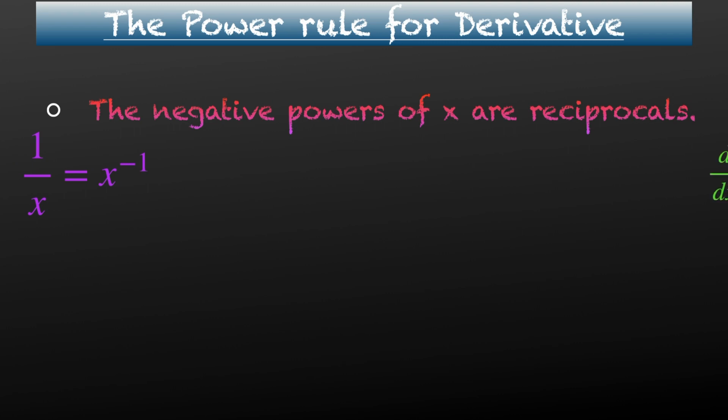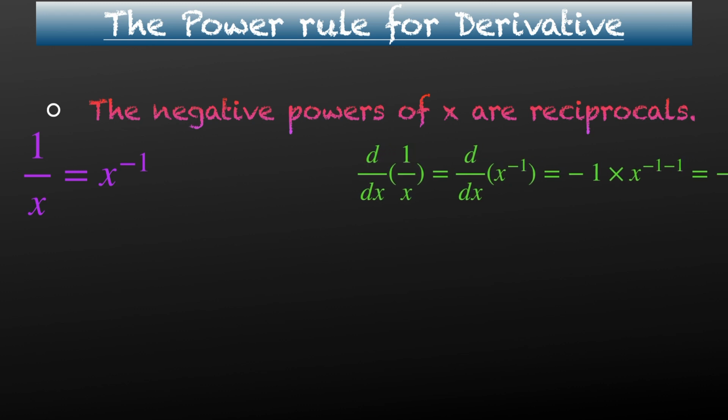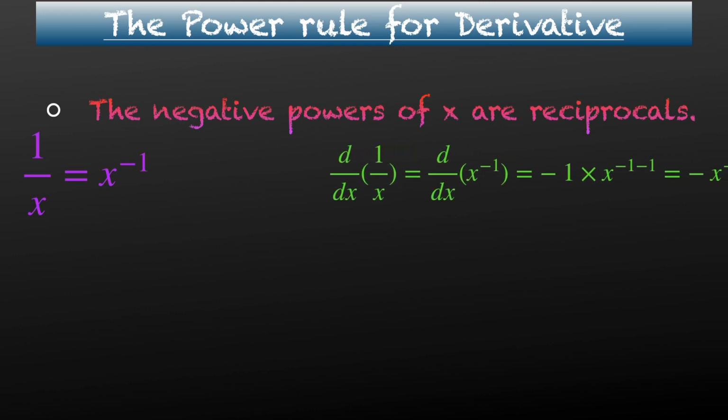Now we use the power rule to differentiate 1 over x. What is the derivative of d by dx of 1 over x? Here in the fraction 1 over x, the first thing you need to do is move x to the top. So d by dx of x to the power minus 1. Let's see what the derivative of d by dx of x raised to power minus 1 is.